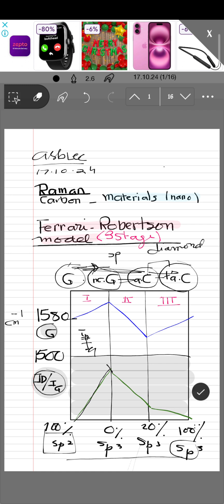However, this G peak position, which indicates clustering and also the sp2 carbon, has again shown a decrease in the case of amorphous carbon, and when the carbon is attaining the tetrahedral amorphous carbon shape, again the G intensity has gone up.